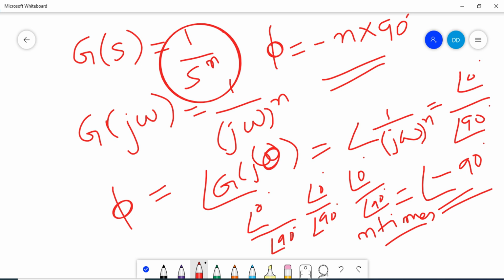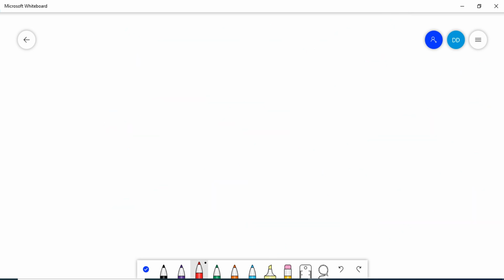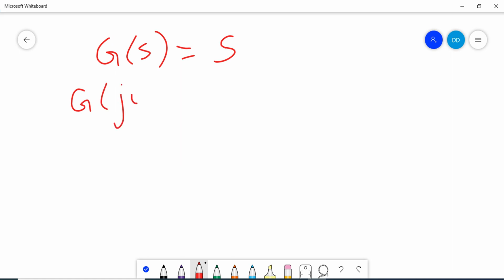We'll see how the phase plot looks. If we have a zero at the origin, our G(s) will be in the numerator, so it is given by G(s) = s. We replace s by jω.